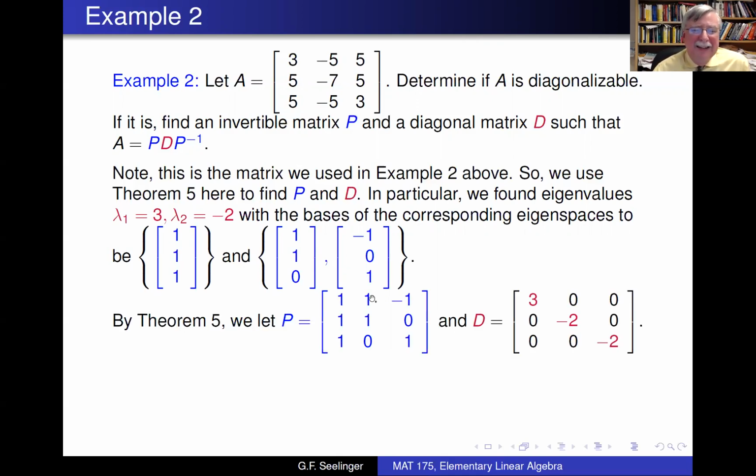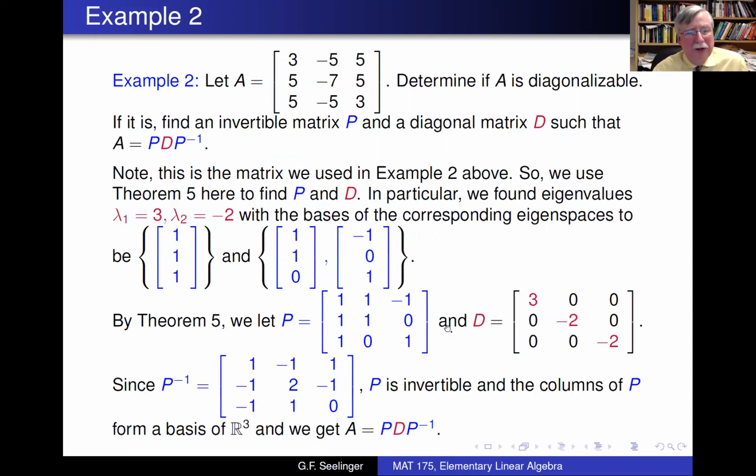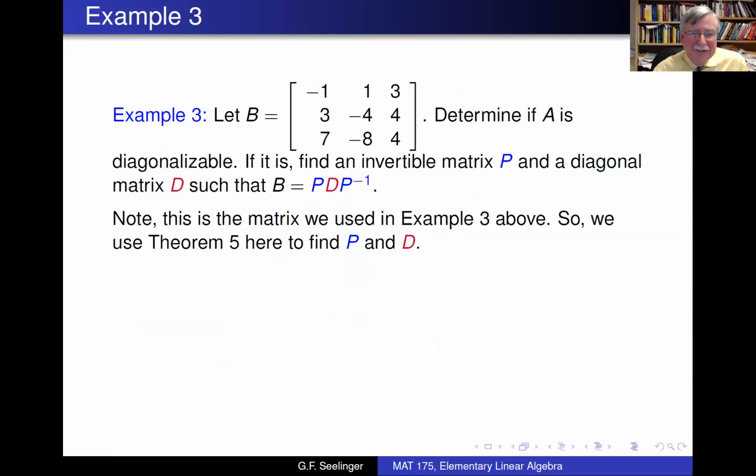But notice that this column corresponds to an eigenvalue of -2, and this one also has an eigenvalue of -2, so I had to repeat this in the diagonal matrix. When I did that, I can still get this whole process to work: I can find P inverse, and I can check that A is equal to PDP inverse. So that's diagonalization.